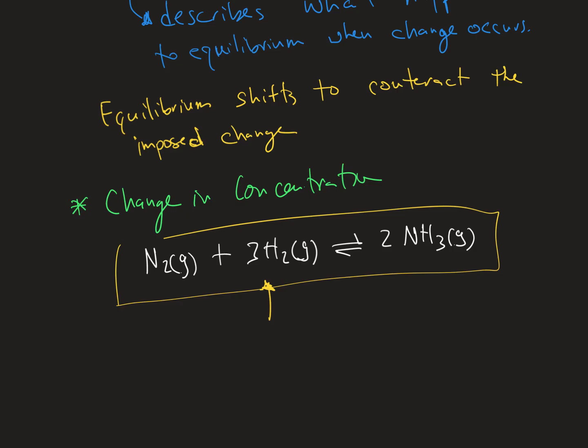So if we add more hydrogen particles, so we increase the concentration of hydrogen, what direction in our reversible reaction is favored? Yeah, it pushes it. So if there's more of these guys, that means that it's going to react with nitrogen more often, right? There's more hydrogen particles to react with, more collisions happen, so it's going to push it this way.